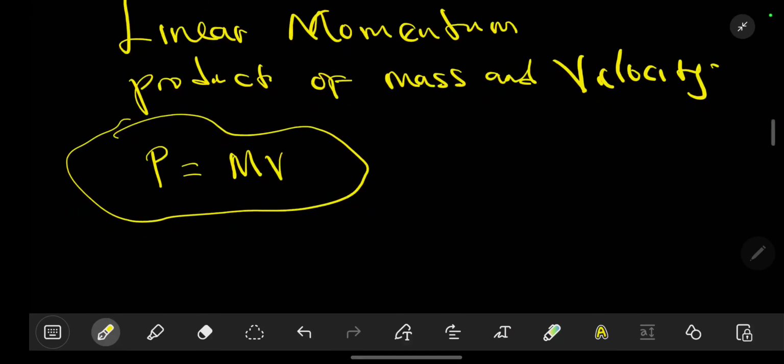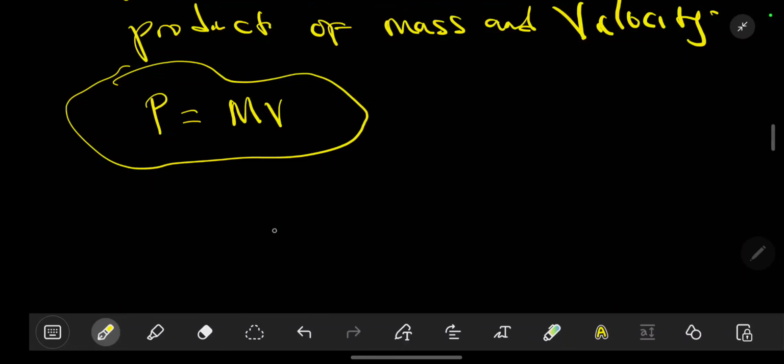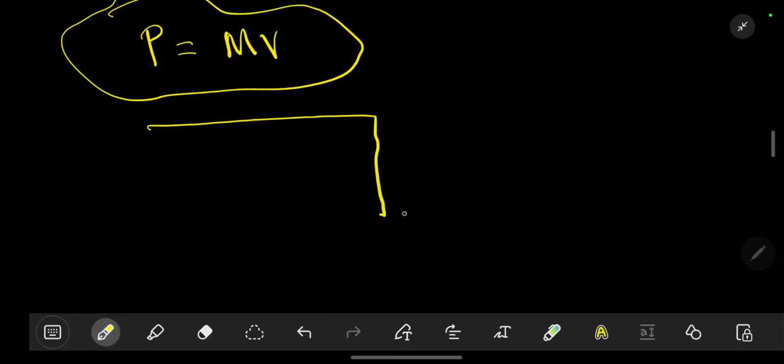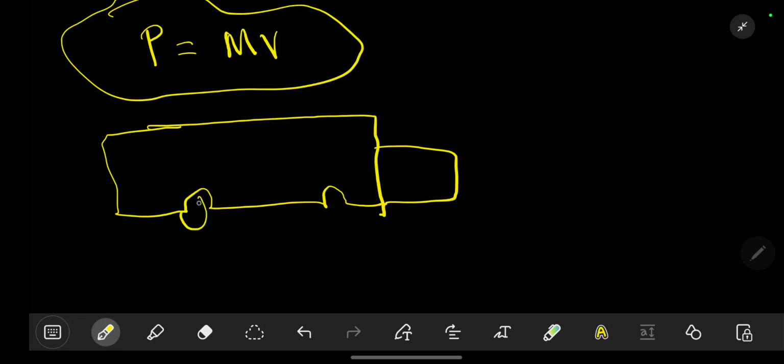Now when we are looking at momentum, let's say we have a big object such as a car, and a car has a very great mass. Let's say we have a person. As the person is running, they also produce momentum. Remember, momentum is not only dependent on the mass, but also the object has to be in motion.